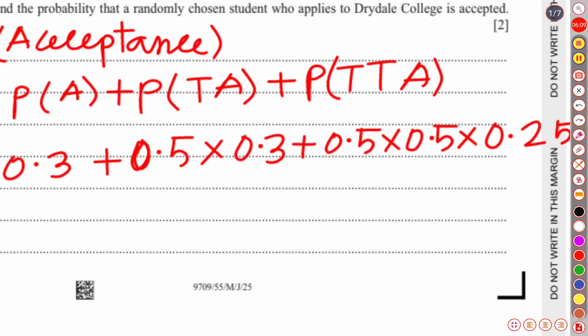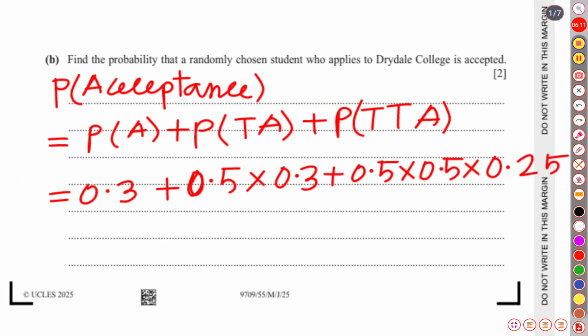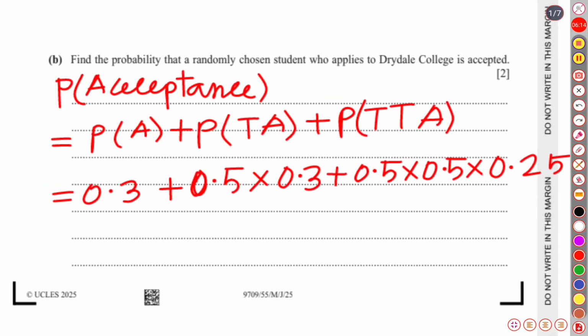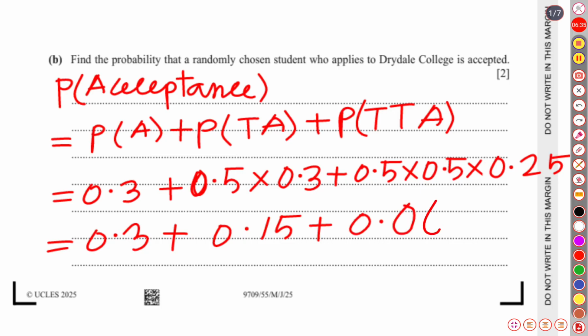Then if we calculate all of these, it is going to be 0.3 plus 0.5 times 0.3, which is 0.15, plus 0.5 times 0.5 times 0.25, which is 0.0625. Okay, so the final digit is 5. Definitely it is going to be 5.